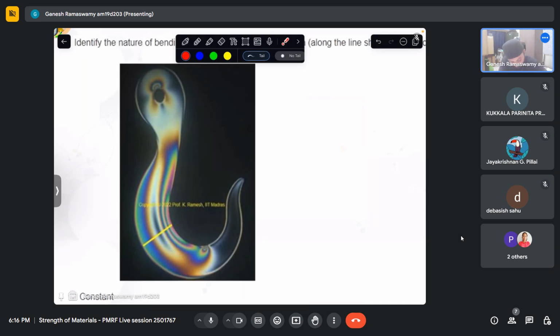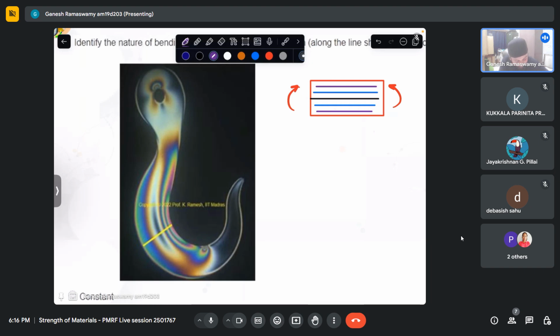Now we also saw in the lectures on photoelasticity that for a beam subjected to pure bending, we had fringe order 0 pass at the center, and then the first fringe order came in here, and second, and so on, depending on the load.